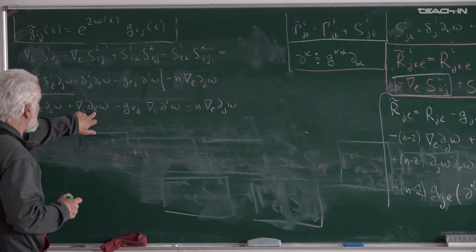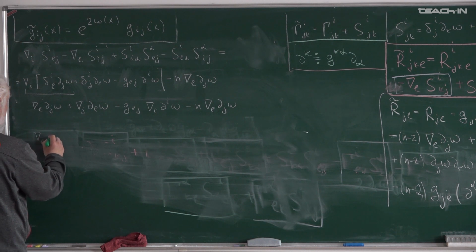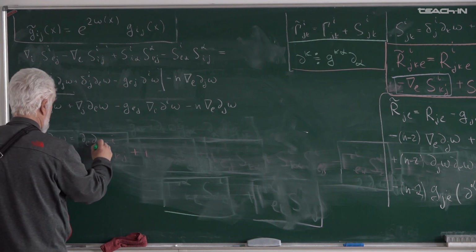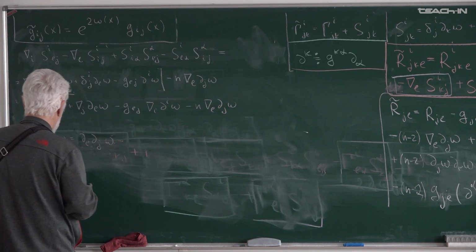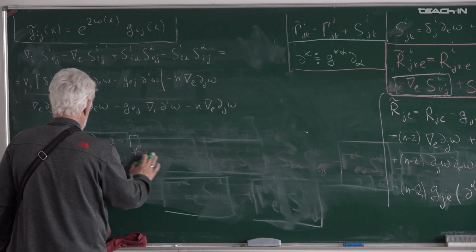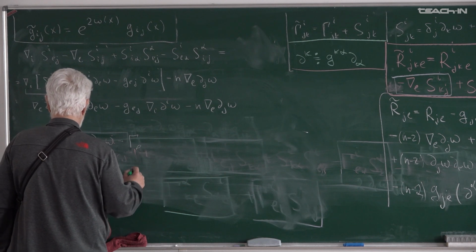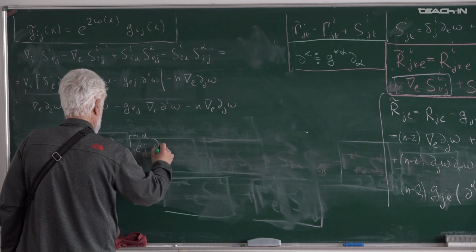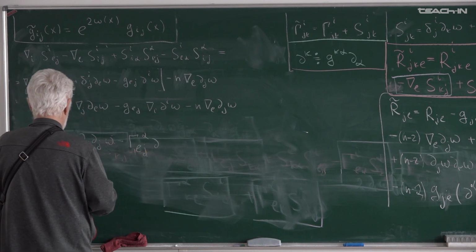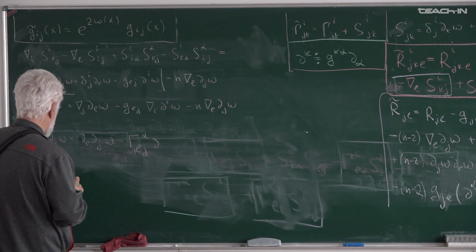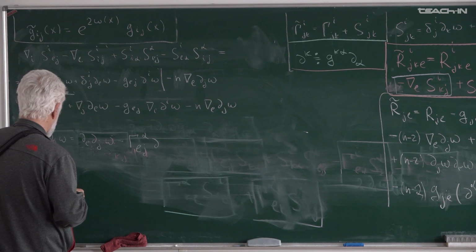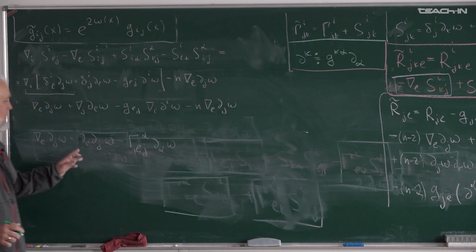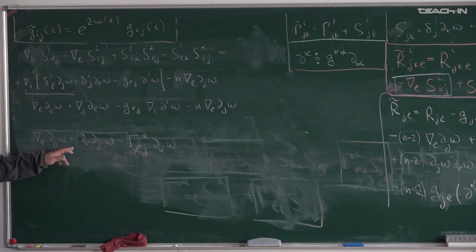Okay? Now let me remark that the two terms are equal. Okay, let me write. Delta J omega is J omega minus L. You agree? This is the definition of the covariant derivative.